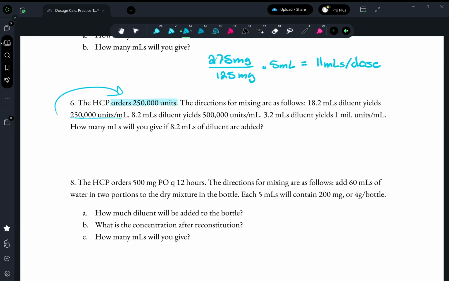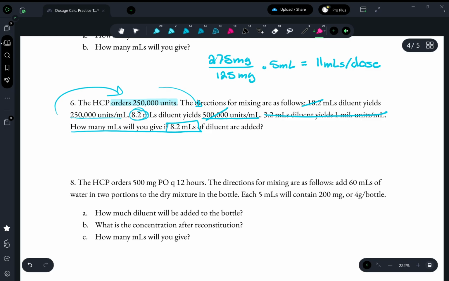Except when you finish the question, how many mLs will you get if you give 8.2 mLs? So this, right off the bat, is not our answer. But if you put 18.2 mLs, you're going to get 500,000 units per ml, which is not our question. So this isn't the answer. And then if you put 3.2, you get 1 million. We don't care about that. Not important. So the question is asking, we're going to put 8.2, and we want to get 250.